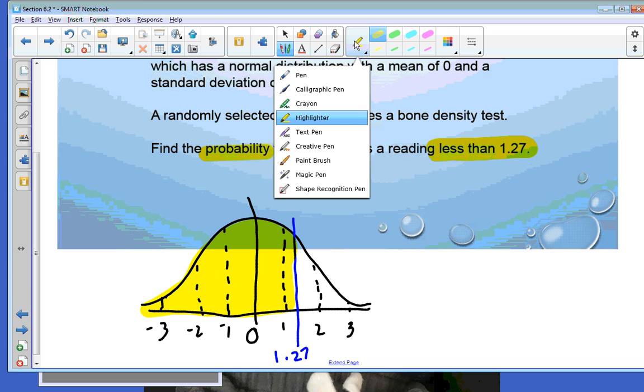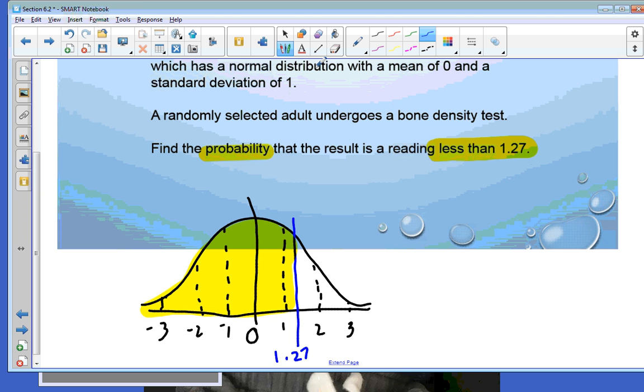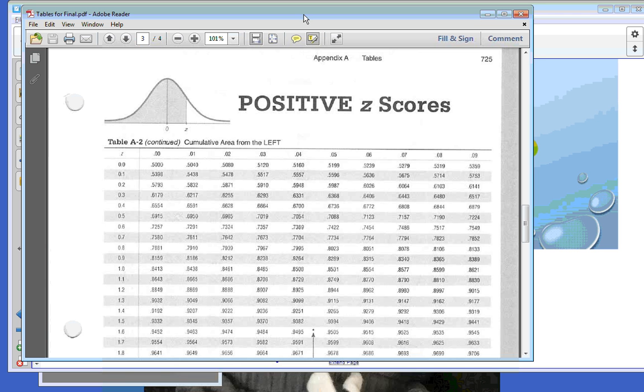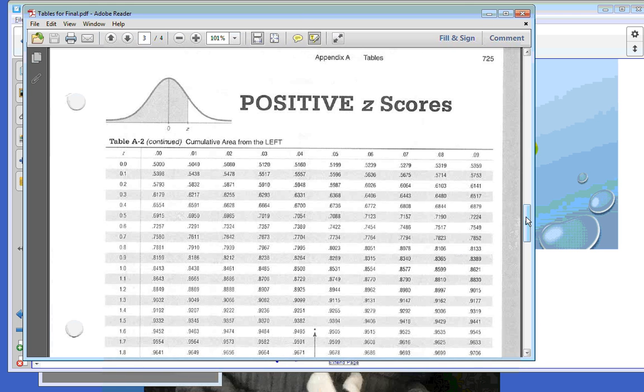So this is where we use our chart or table or a calculator. So pulling up our chart, it is a positive z-score. The positive z-score is 1.27, so I'm going to go down my column here to 1.2. Then I'm going to come all the way over on that line till I get to 7. So it should be 1.27, which is 0.8980.